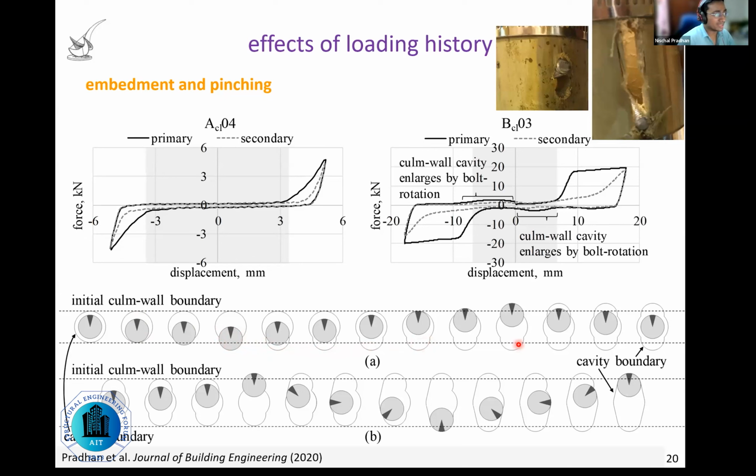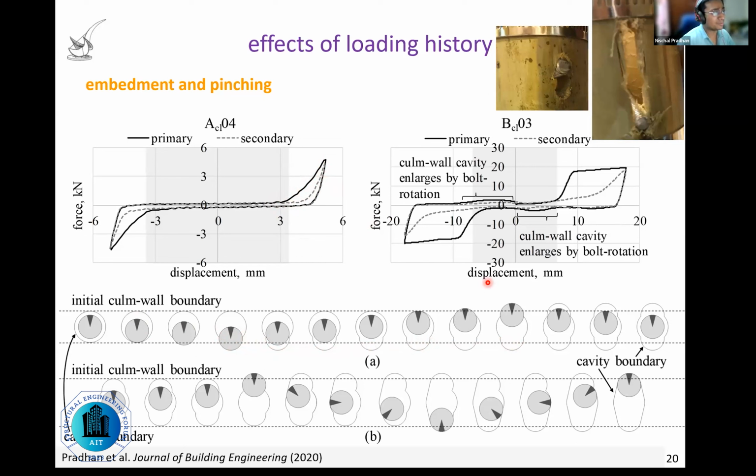This cavity enables a low friction resistance path for future loading cycles. So basically, the first loading cycle damages the culm by embedment, and this creates a lower friction path for the future loading cycle, as shown by the dashed line.